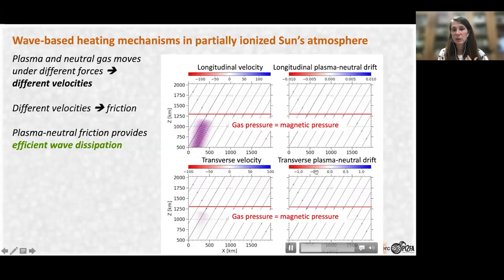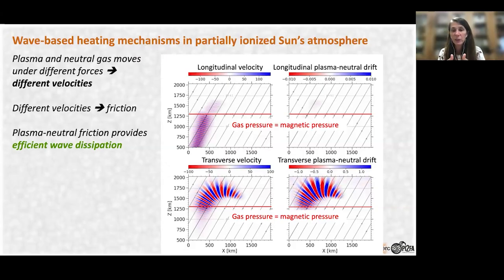This is what we call plasma-neutral drift, when we have different relative velocities of the plasma and of the neutral component in the sun. So this is this kind of friction. Remember this metro picture. This is a friction between the particles, and it eventually produces dissipation, the friction and the heat that is needed to heat. So this is still an active investigation.